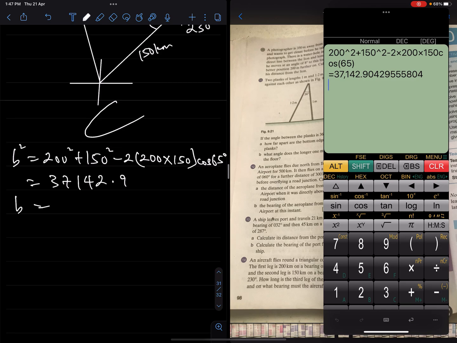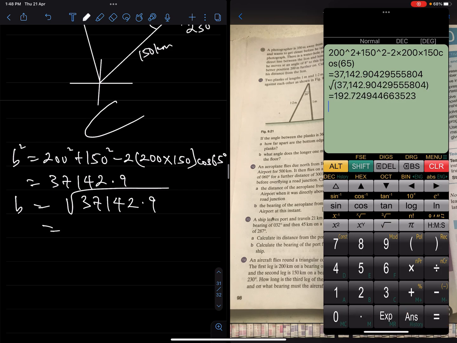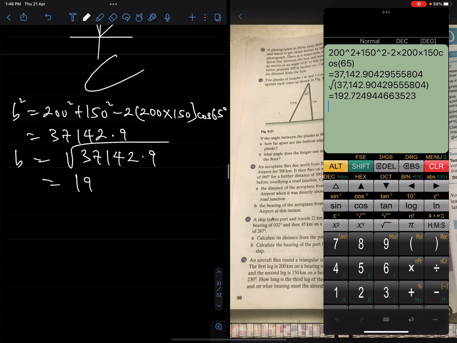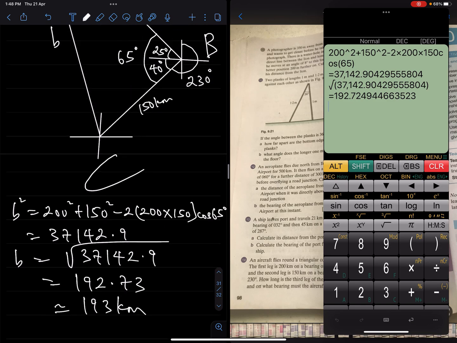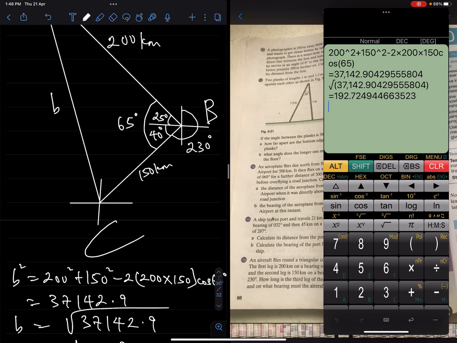So b is equal to the square root of 37,142.9, which is 192.73. They said we should give answers correct to 3 significant figures, and that's simply 193 kilometers. So the length of the third leg is 193 kilometers.